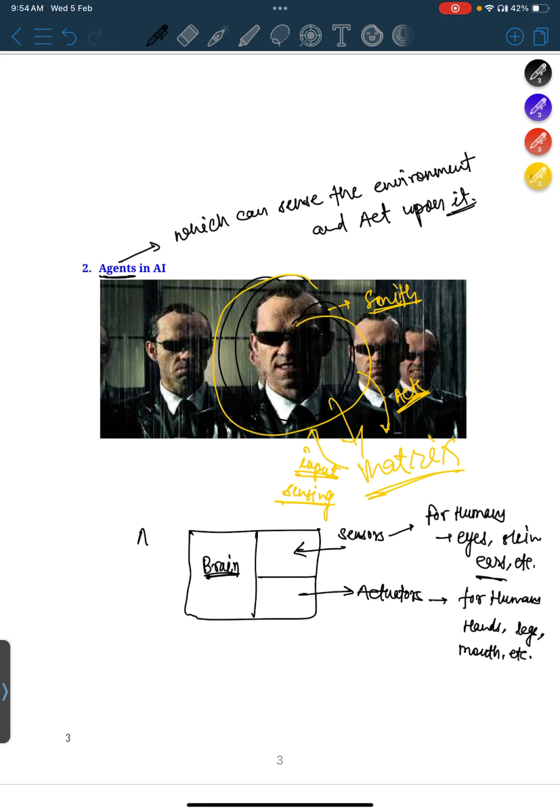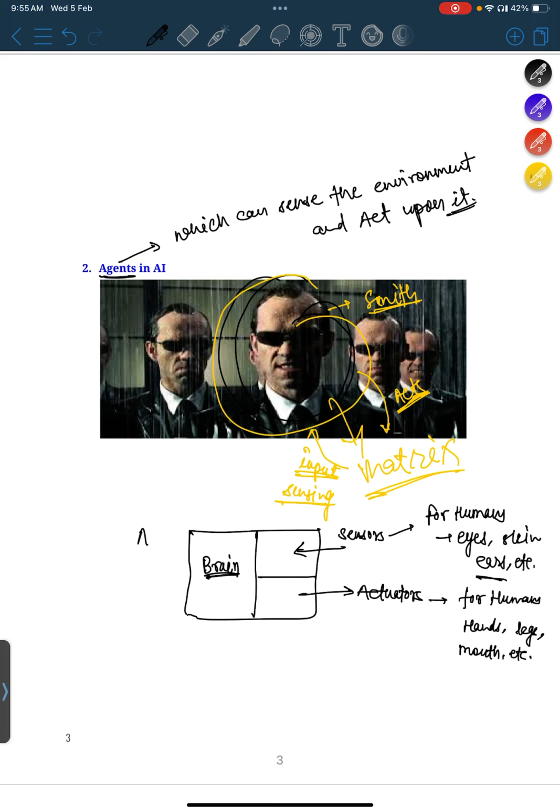Based on whatever input our sensors have picked up, we'll take the decisions. Our mind comes up with the appropriate response, what to say, what not to say, and then we'll speak using our mouth, right?